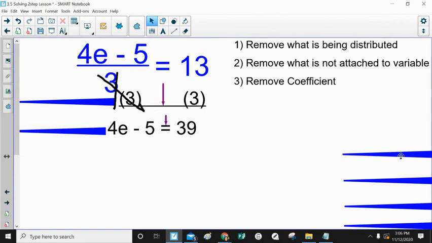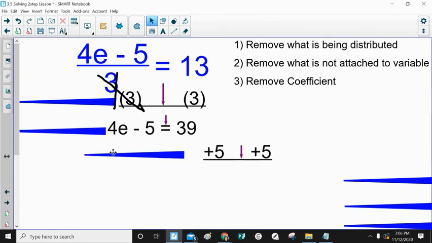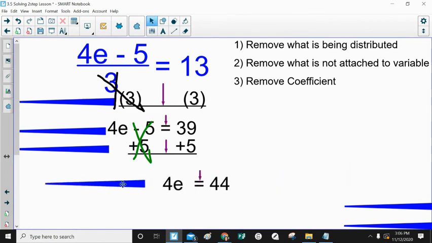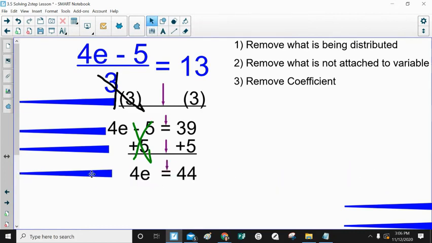So now I have to reevaluate my equation. I still have a coefficient that's attached to my variable. And I have that minus 5. So I'm going to take care of getting rid of that 5 first. And to get rid of a minus 5, I'm going to do the opposite operation. And I'm going to add 5 to both sides. The 5's on the left zero out. And I'm left with 4e equals 44.